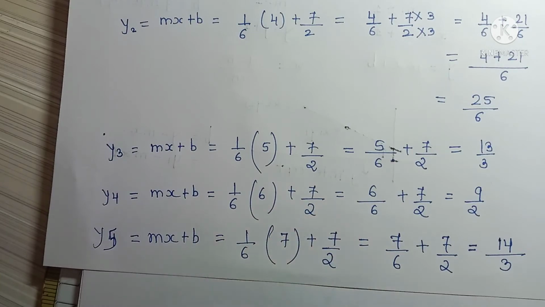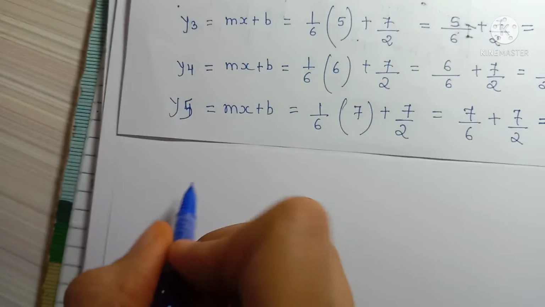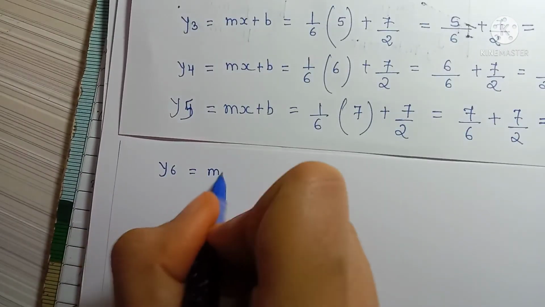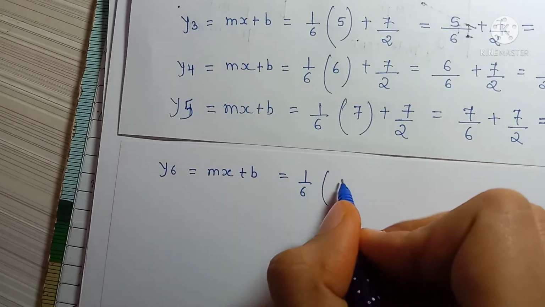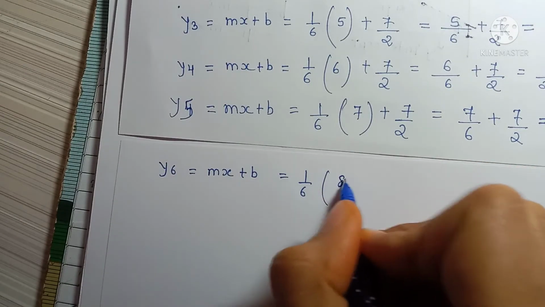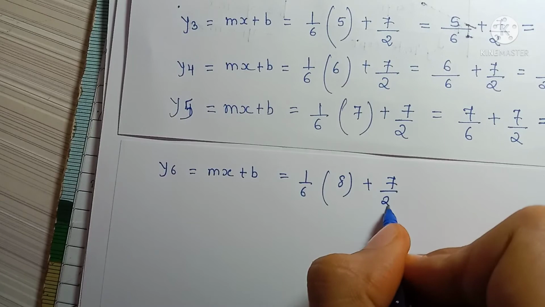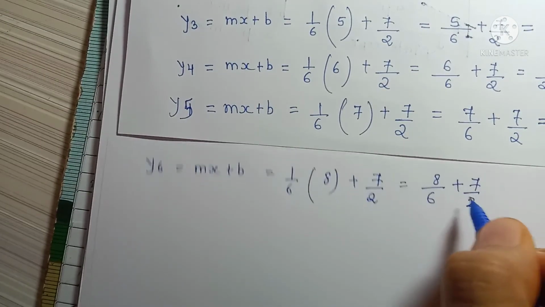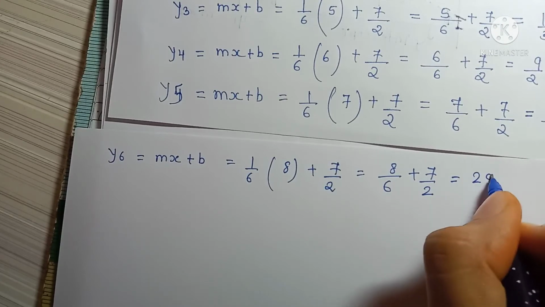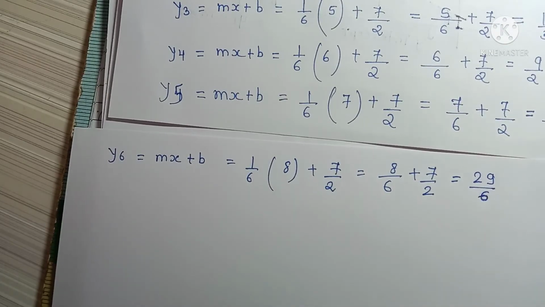Next we have to calculate y6. y6 will be mx plus b. m, what is x? x is 8 plus what is b? 7 upon 2, that is 8 upon 6 plus 7 upon 2, which is equal to 29 upon 6.